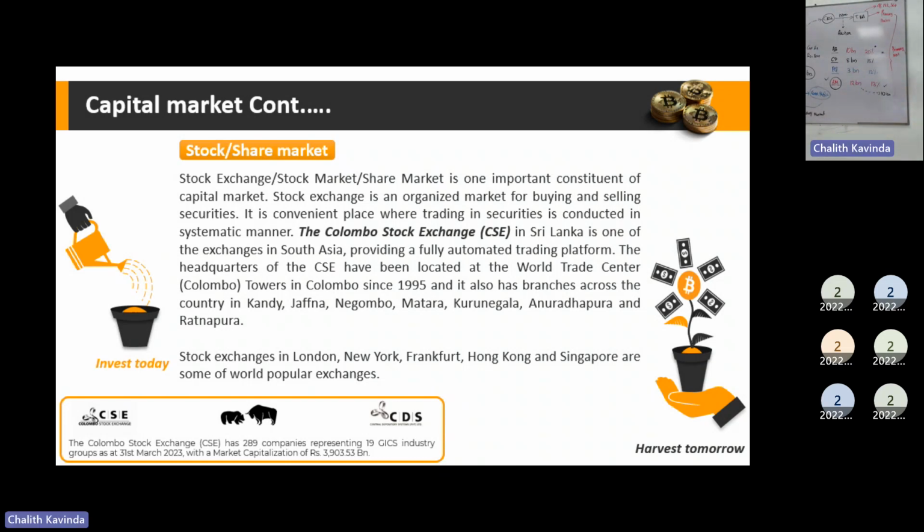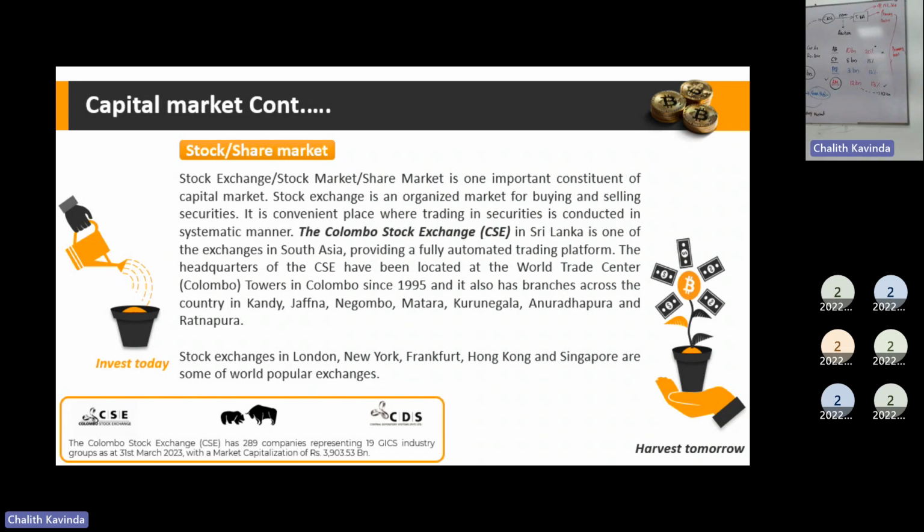It varies because sometimes they may not be submitting reports accordingly, certain things could happen. So here it says stock market is one of the most important constituents of the capital market. That is why when someone says capital market, we always think it's only the stock market, because it provides the dominancy to the capital market.